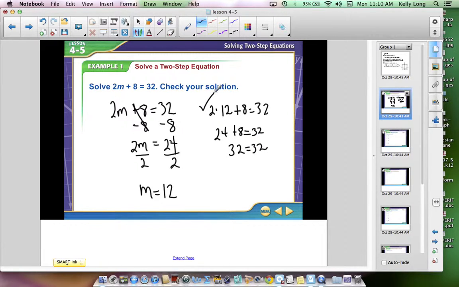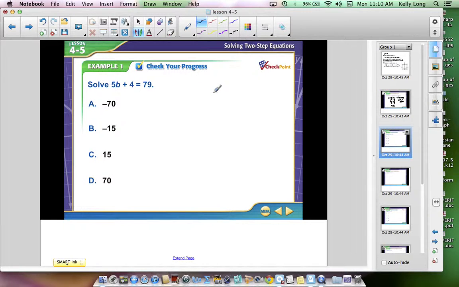So yes, it checked. Just remember on these two-step equations to get rid of the addition and the subtraction first. Remember, I've got to see every step and to check your work. No excuse to miss one of these on a test or a quiz, because you can know if you got it right or not before you ever turn in the paper.